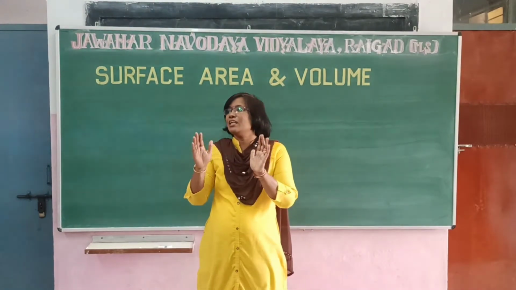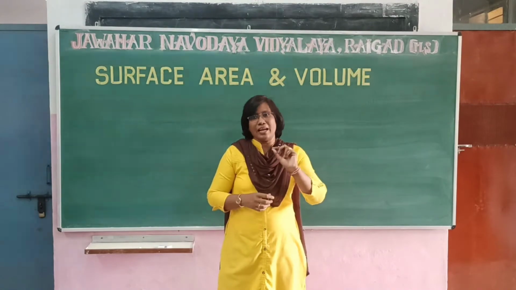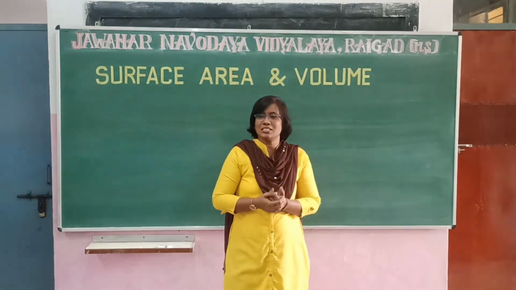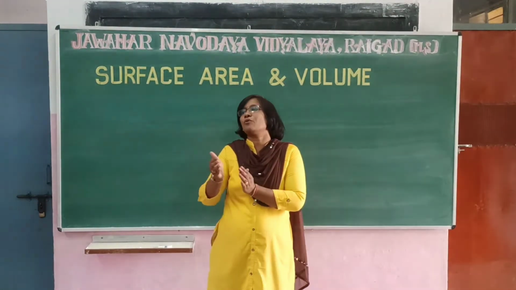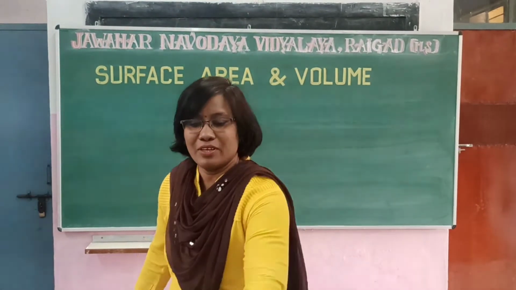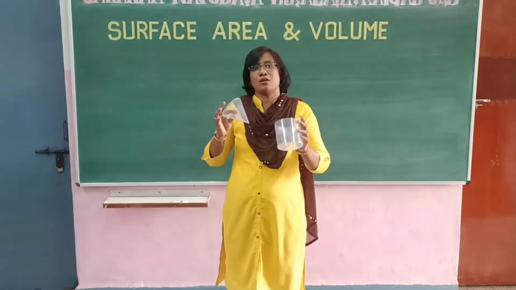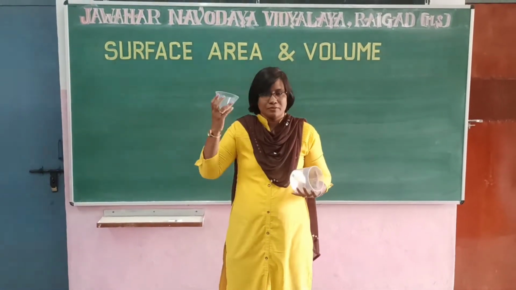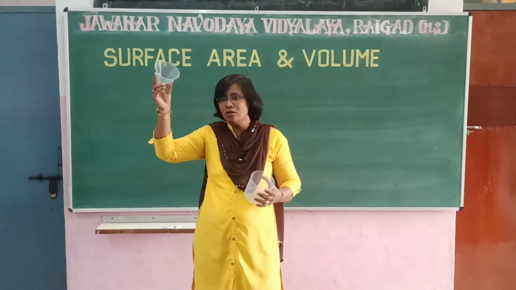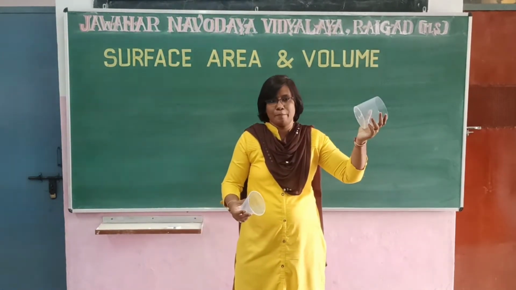Now since we are clear with the concept of surface area, let us do a small activity. From that we will understand which topic we are going to continue in the class. See my dear children, I have these 2 solid shapes here which are hollow. This is a hollow cone and this is a nice hollow cylinder.